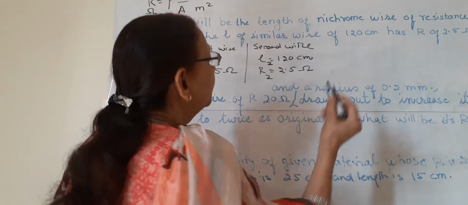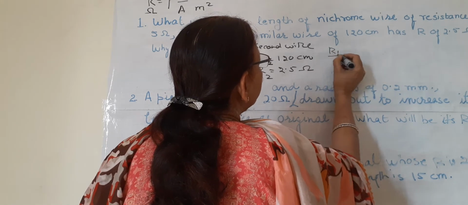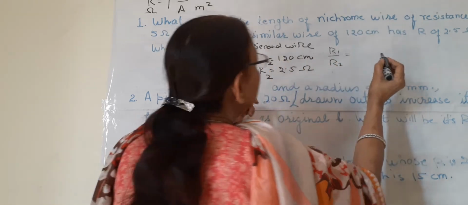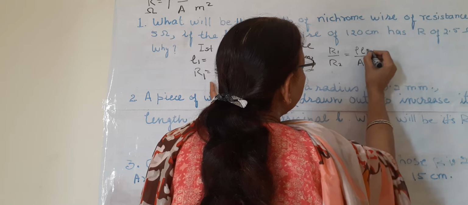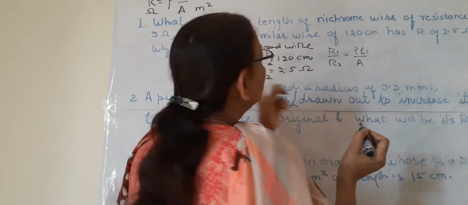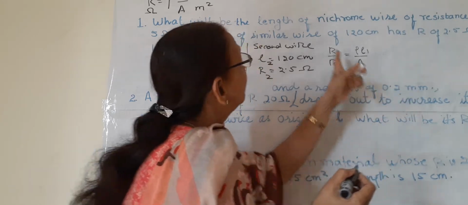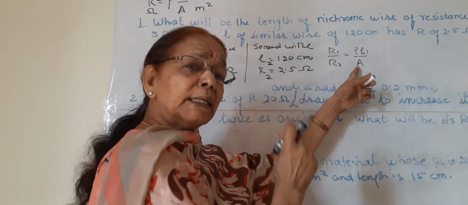So now we calculate. If R1 is divided by R2, what will be the formula? R1 is rho L1 by A. I will not write A1 and A2 because they are similar wires, their area of cross section is the same.